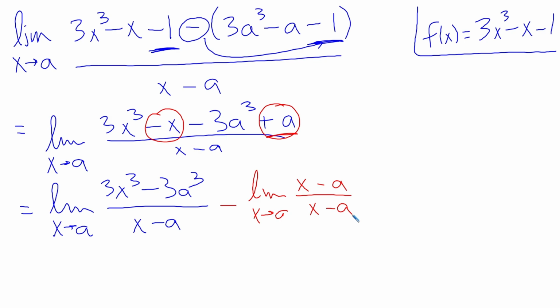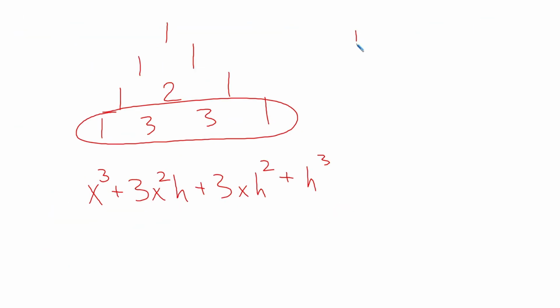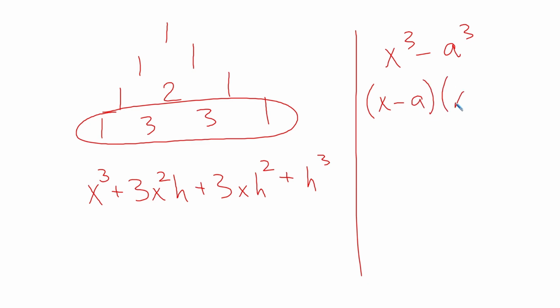So we should see then that the first one here, we can factor the 3 out of it, right? And it's 3 times x cubed minus a cubed. We'll go back over here to our little bit of side work we were doing. x cubed minus a cubed is a difference of cubes. We should know that that factors to x minus a, x squared plus ax, or xa, well, we'll write ax, plus a squared.